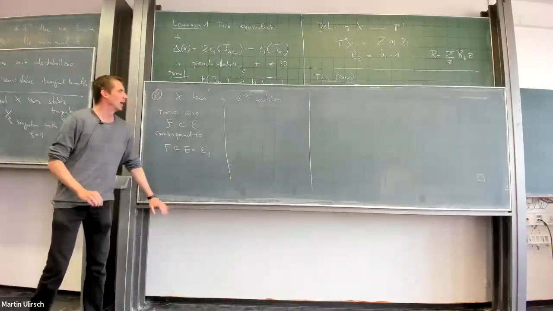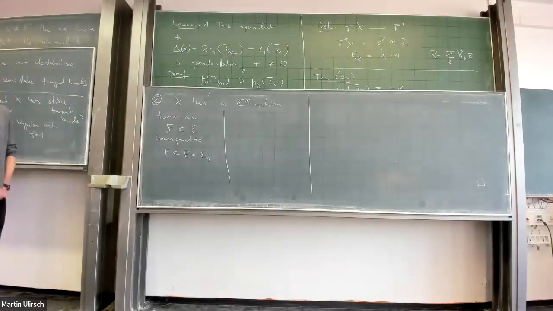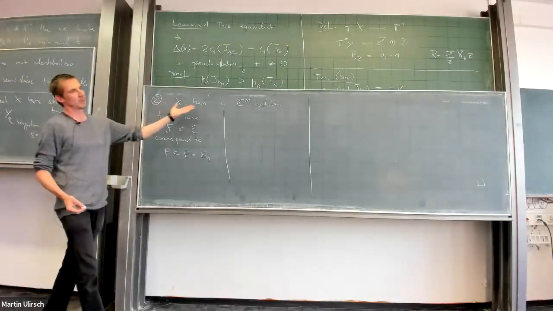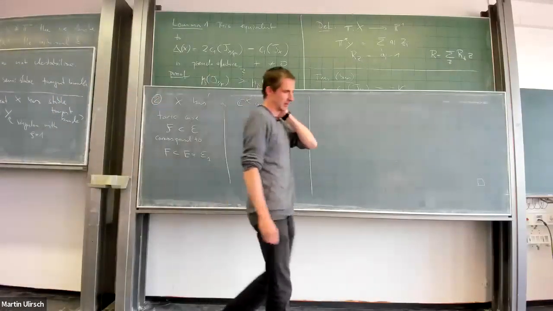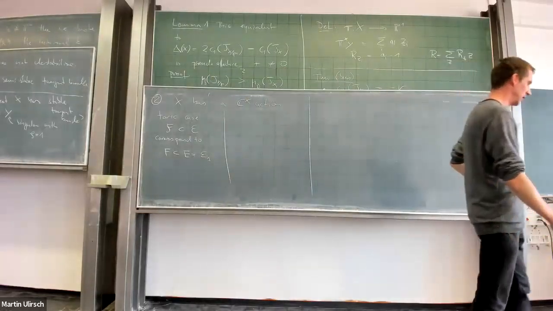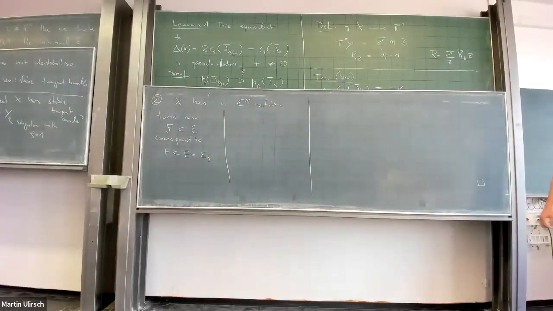Okay, and now we have something which is not toric anymore, but it has what's called a complexity 1 torus action.